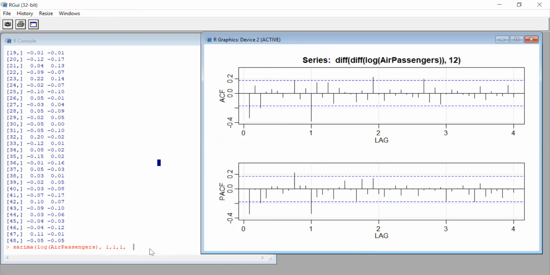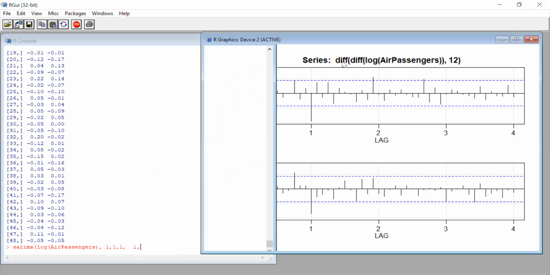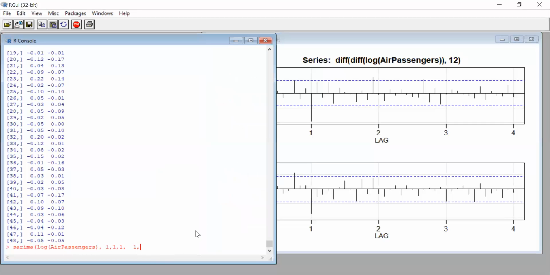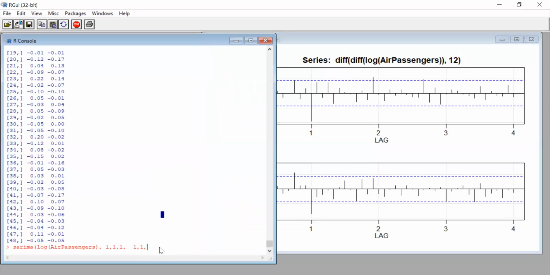So we chose the capital P as 1. And definitely we take another difference. It's another difference for the seasonality. So the next one is capital D equal to 1 again, because of this difference, this difference by the 12, right? And now the capital Q is equal to 0.